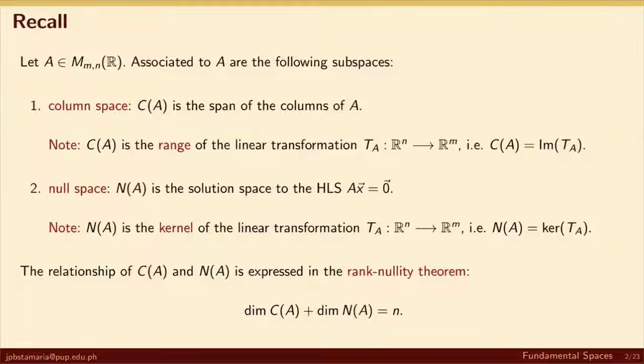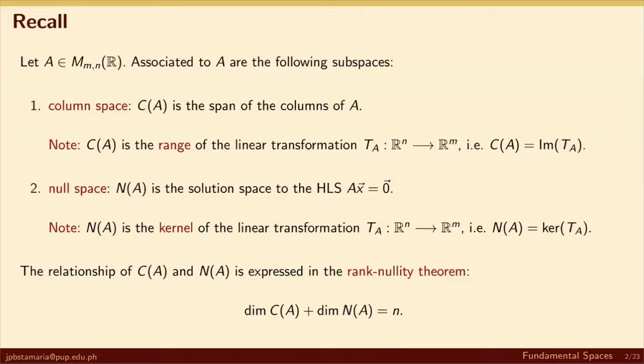In fact, we have established the relationship between the column space and the null space in terms of their dimensions. The relationship is explicitly stated in the rank nullity theorem. The rank nullity theorem states that if you have a linear transformation T from some finite dimensional space, then the rank, or the dimension of the range, plus the dimension of the kernel is always fixed, and it's equal to n.